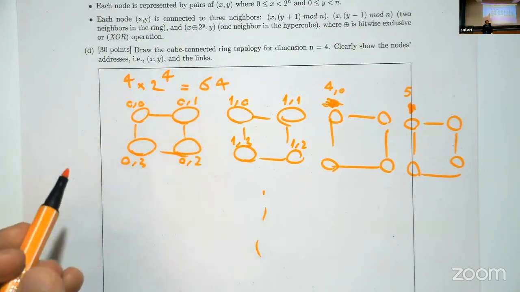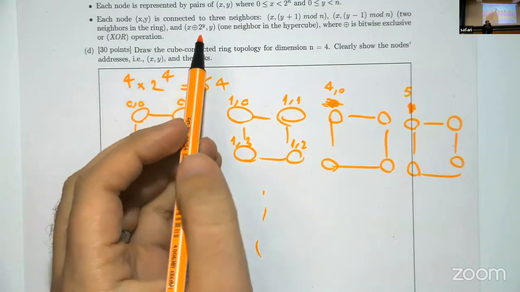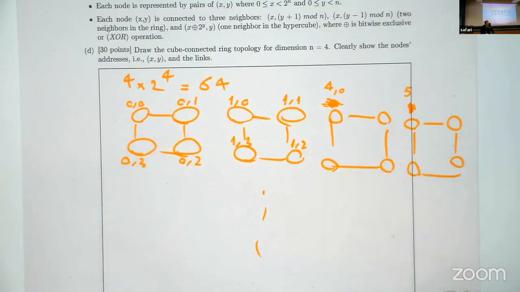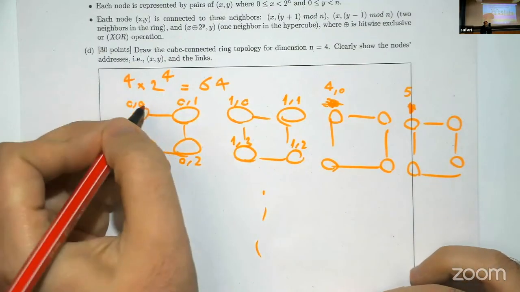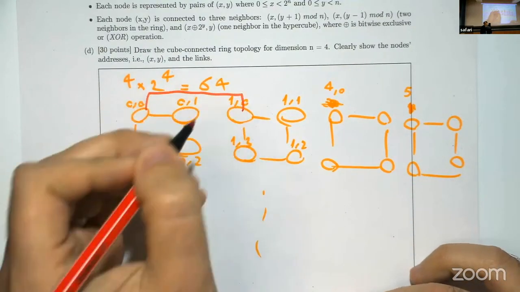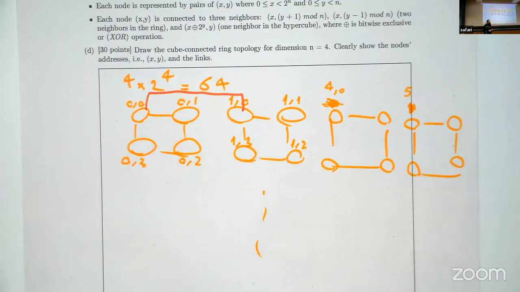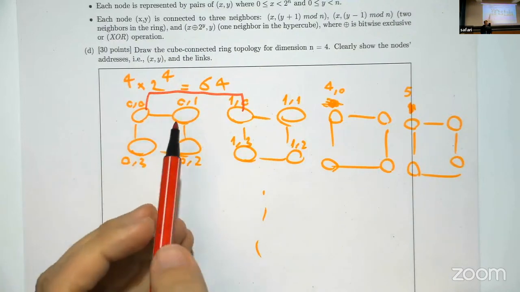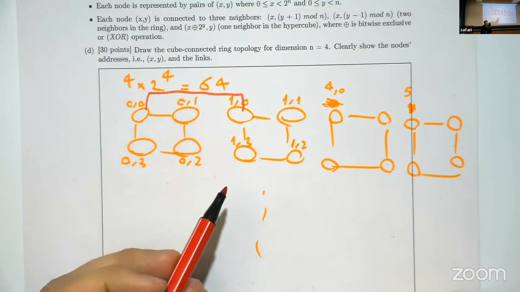The result is 1, and then y, which is 0. So 0, 0 is actually connected to 1, 0. So this is the hypercube connection for this one.